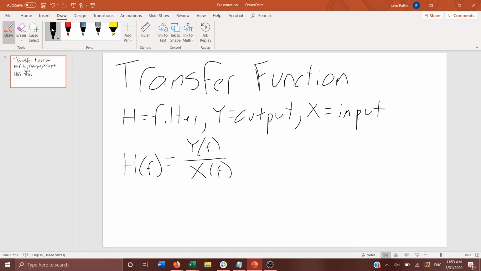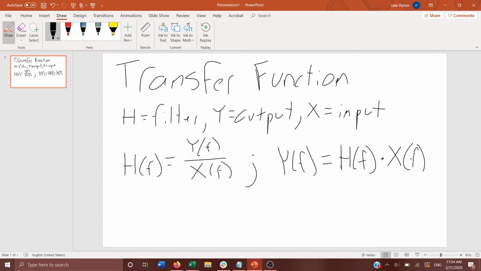But sometimes, a lot of times, what you're going to have is you want to know what the output will be, and you're given the filter and the input. So you just multiply your input. This is the frequency, so the frequency in question. You could do this for every frequency in your signal if you wanted to.